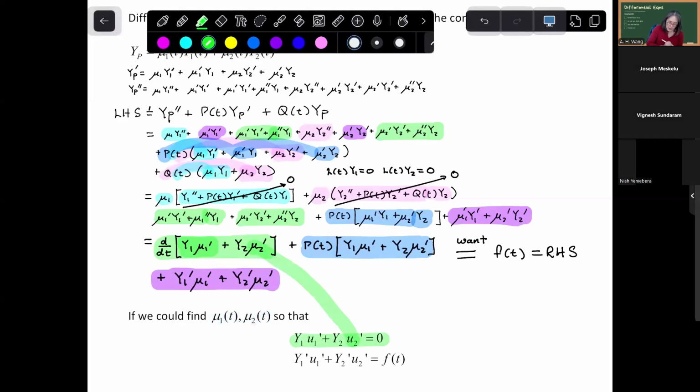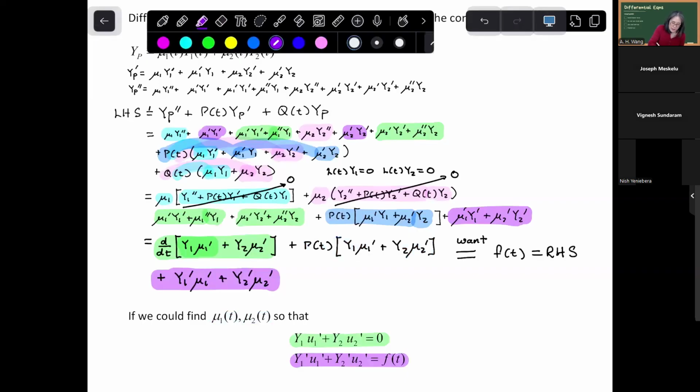Then the derivative of this equals 0, and look over here, P of t times that would be 0. So then that would be 0. And if we could find this to equal f of t, then this guy would be equal to f of t. So I'm going to just recopy this now.